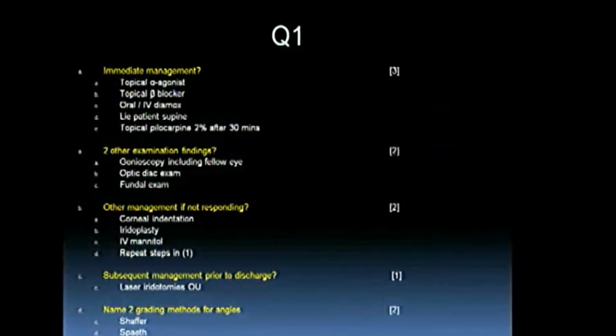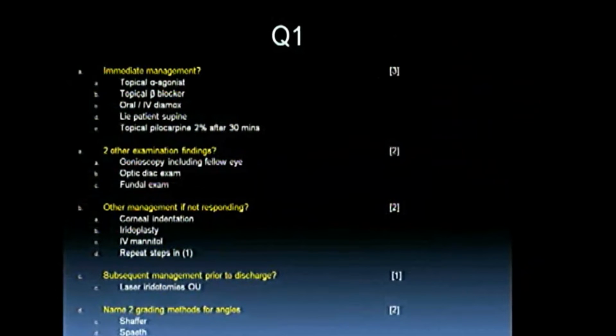Other management if patient is not responding. So if the pressure is not coming down after a couple of hours, you could try any of these measures. You could repeat the steps in part one. Okay, so you could repeat the beta blocker, iopidine, Diamox, and so on, pilocarpine. You could try corneal indentation to try and force the angle open, re-divert the aqueous.